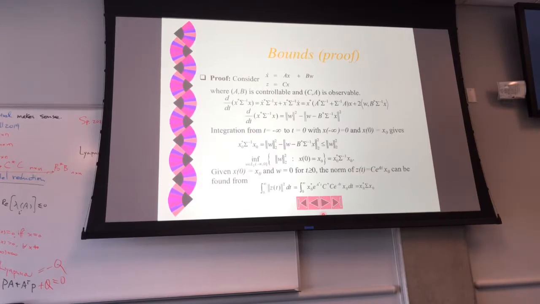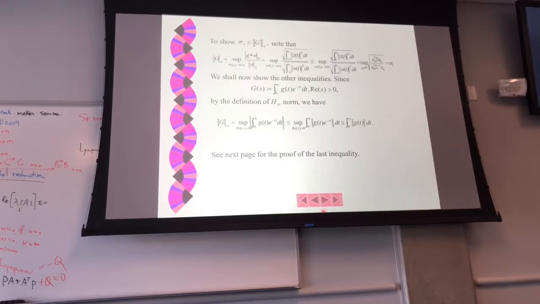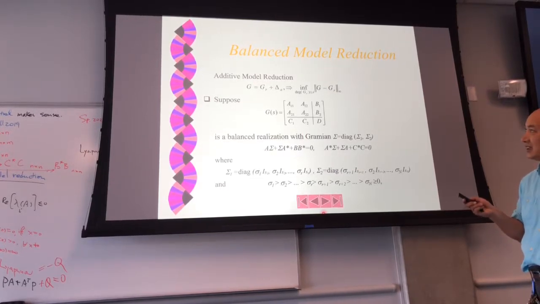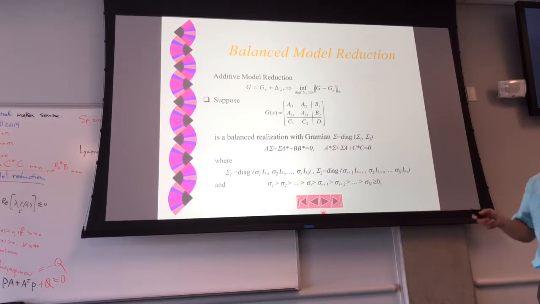I think the proof is not going to be interesting here to us. We can read the textbook for proofs. But this is an important, interesting result. So this is G, you know exactly G. You want to use a simpler model, but you want to use this balanced model truncation idea to make a reduced model with a truncated part.